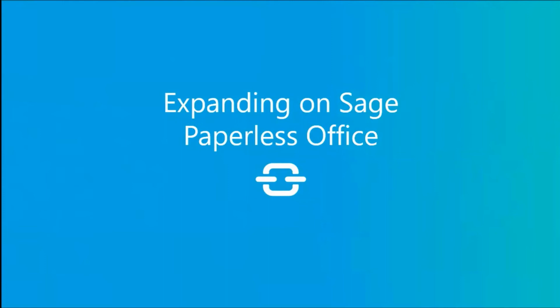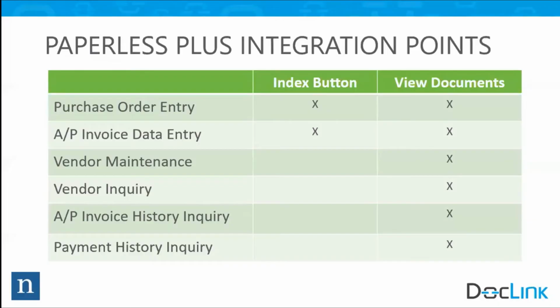DocLink, in order to help organizations get their foot in the door of an automated AP solution, has come up with an extension of the Sage Paperless Office application. We call it Paperless Plus, and it does a couple of different things.